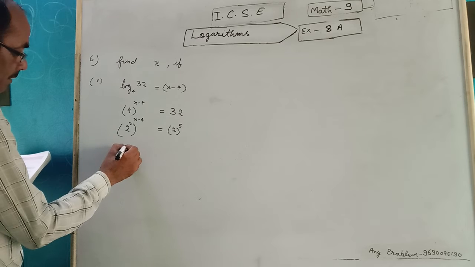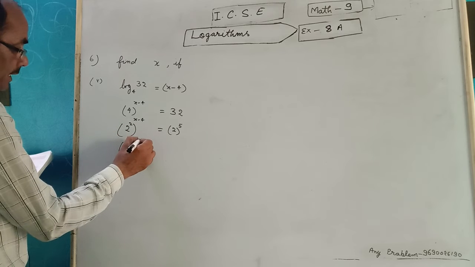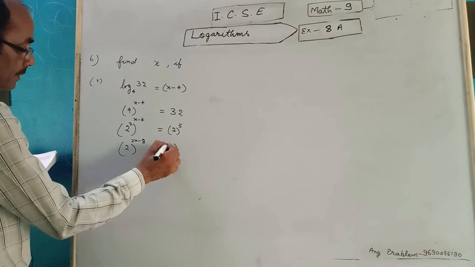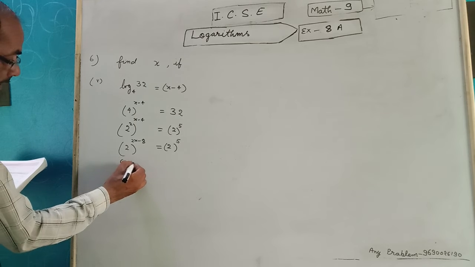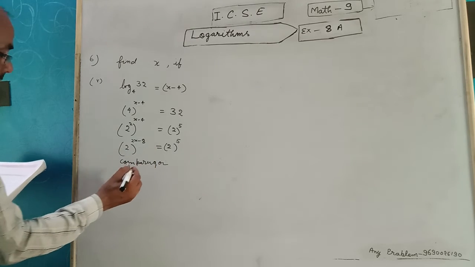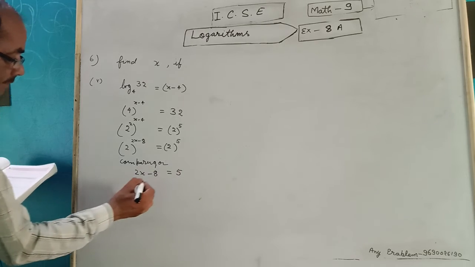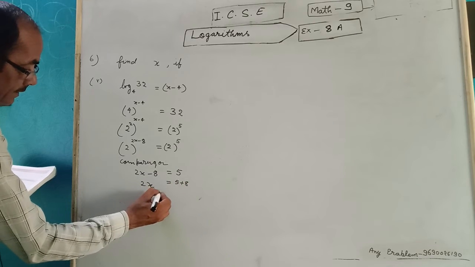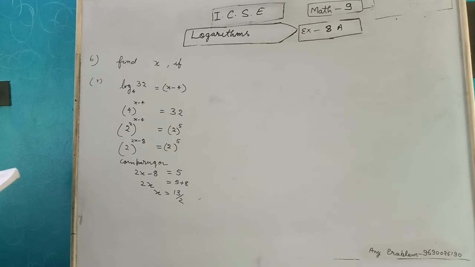Multiply by power, 2 as 2x minus 8 is equal to 2 as power 5. Base are equal. Comparing, 2x minus 8 is equal to 5. 2x is equal to 5 plus 8. X is equal to 13 upon 2.